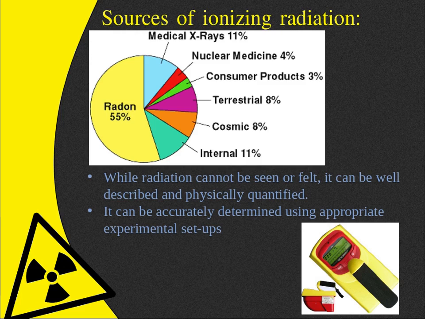Okay, what are the sources of radiation in our life? We see here that medical X-rays account for only 11% of radiation sources, and the other sources are not medical. The biggest source of human radiation exposure is radon, which is 55%.